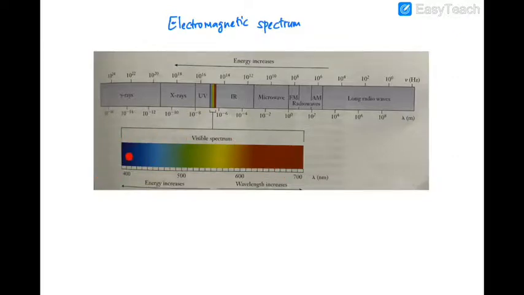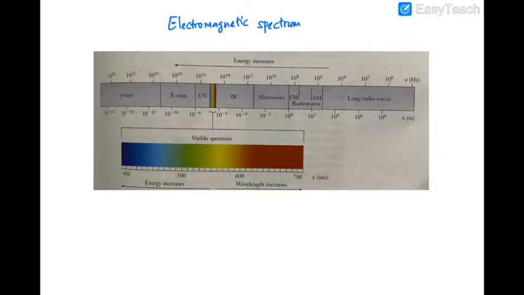The wavelength goes from 400 nanometers, normally the dimension is in nanometers, up to around 700 or 800, which is the color red. I took this picture from the textbook that we are using in this lecture.